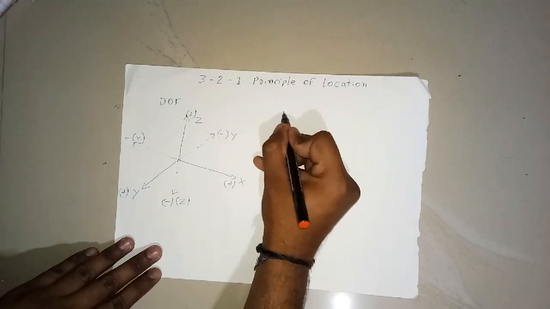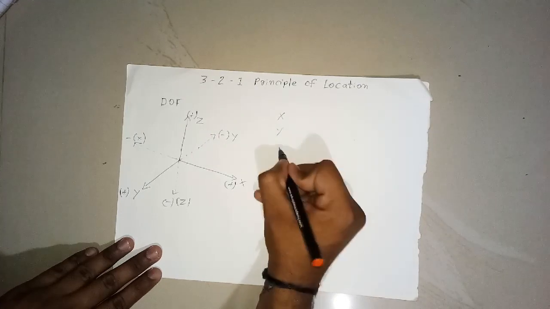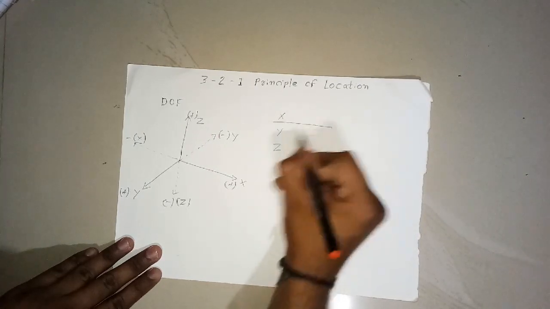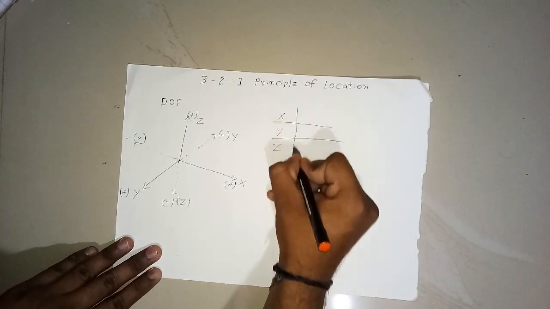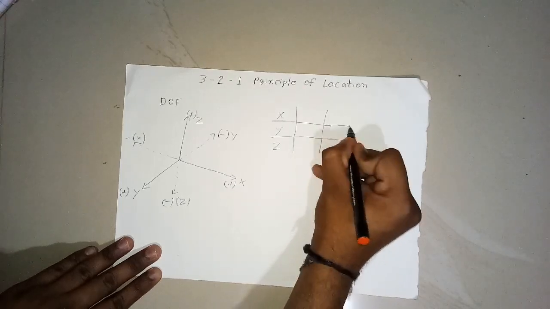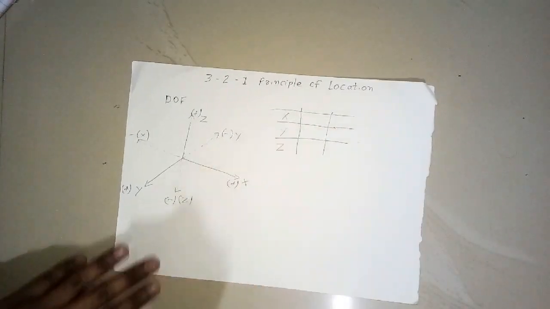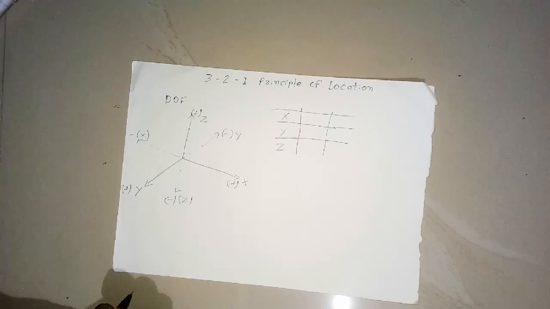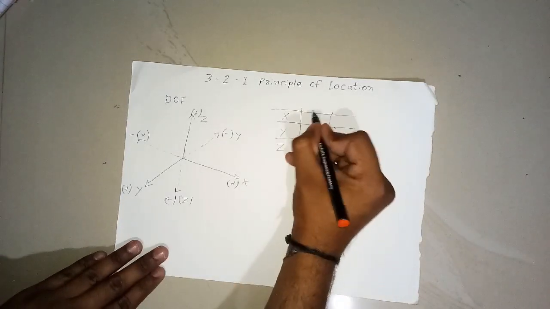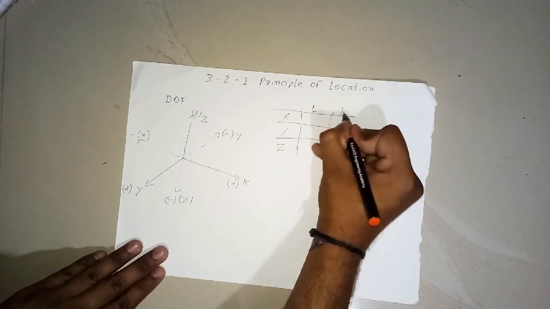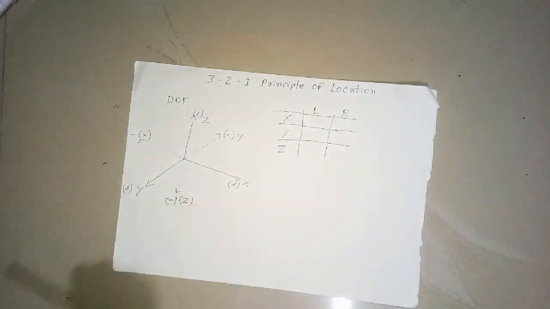First, x, y, z. There are two different types of motion. First is linear motion, other is rotational motion.